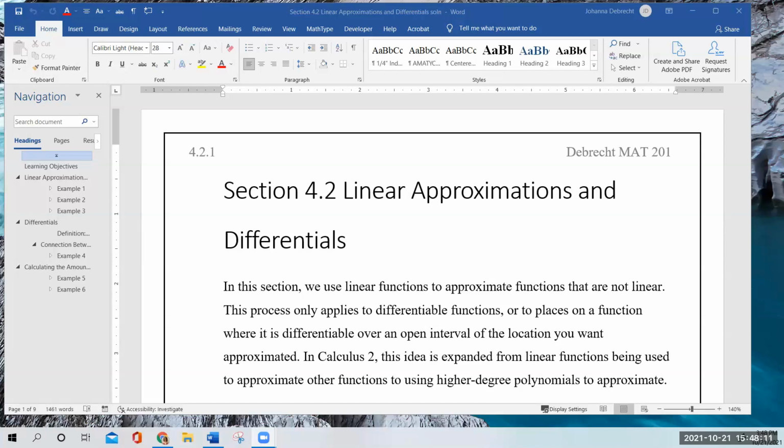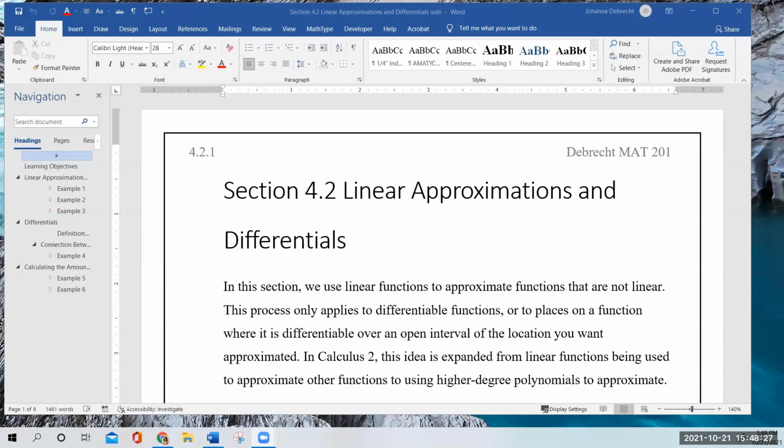To start with, though, we want to realize that we sometimes want to use linear functions to approximate functions that are by definition not linear. Now, we can only do this if these functions happen to be differentiable.